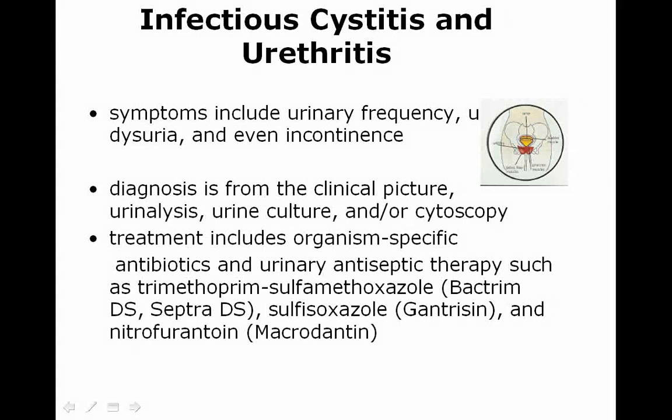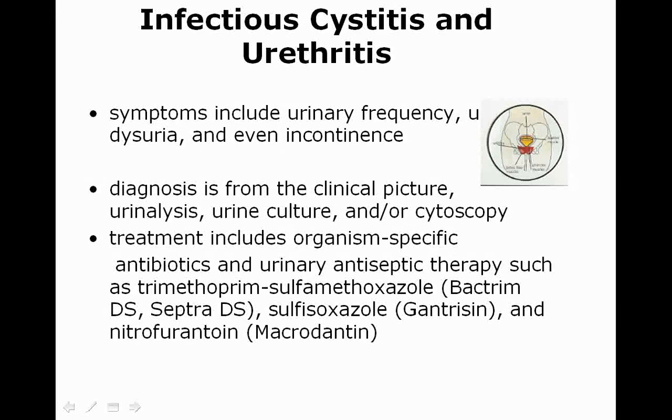So the organism-specific antibiotics. And I've listed 3 commonly used antibiotics when a person has any form of urinary tract infection. When I use the term urinary tract infection, it's abbreviated UTI. And anytime that a person has an infection anywhere in the urinary tract, it may be referred to as a UTI.